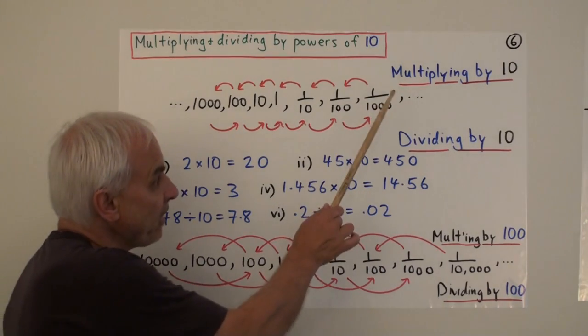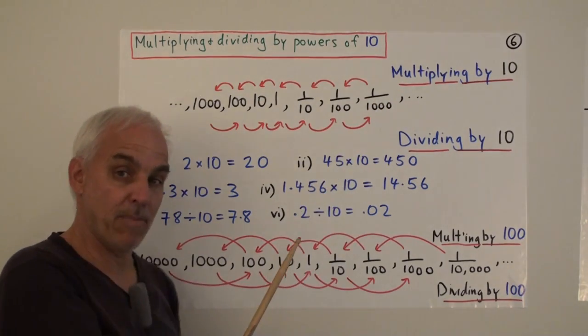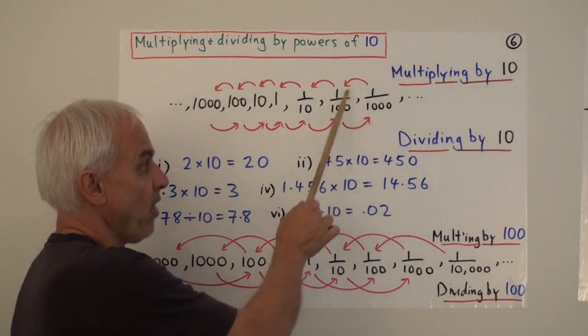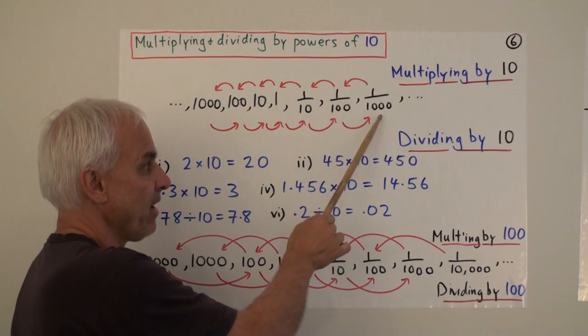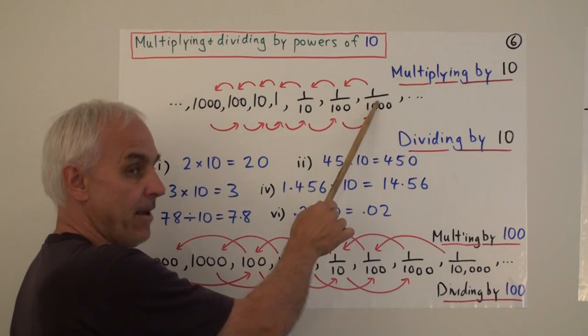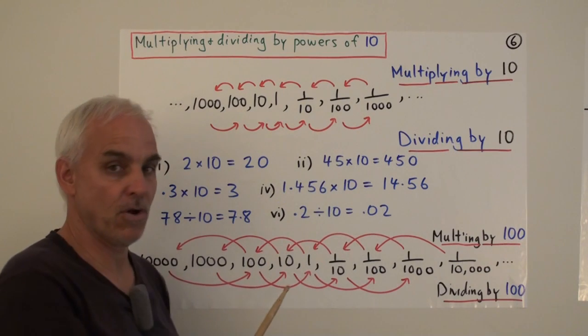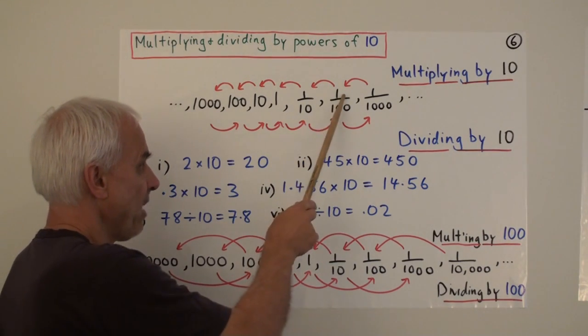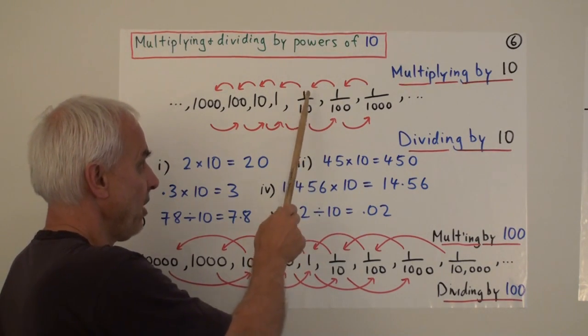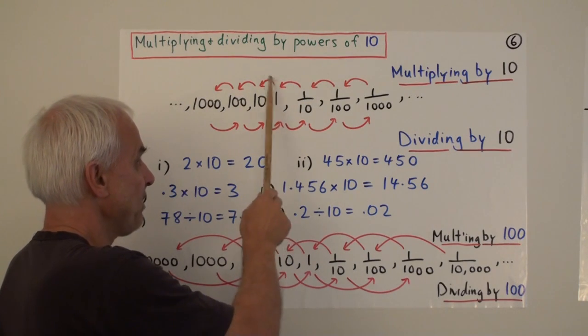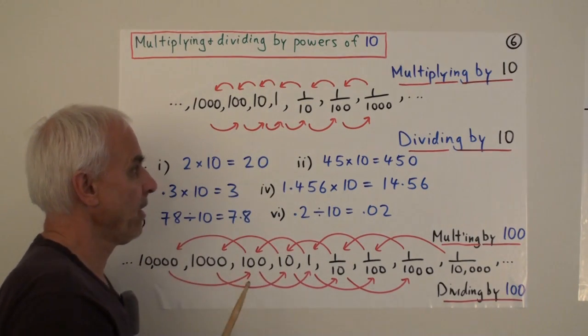And they have the property that if we take any one of them and we multiply it by 10, then we get the next one. If we multiply 1 over 1,000 by 10, we get 1 over 100. Multiply that by 10, we get 1/10th. Multiply this by 10, we get 1. Multiply this by 10, we get 10, and so on.